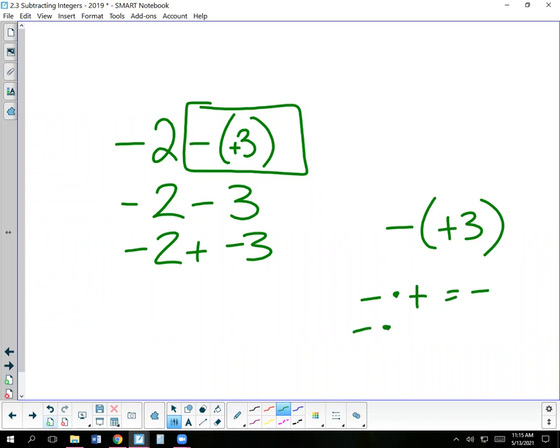A negative times a negative, what do we change those to when they're touching? The opposite of an opposite is a positive. Okay, so that is something I wanted you to be aware of. This is a little new to you. This is probably the hardest part with this one. And you're going, what? Yeah, because you're not used to seeing it a different way, okay?